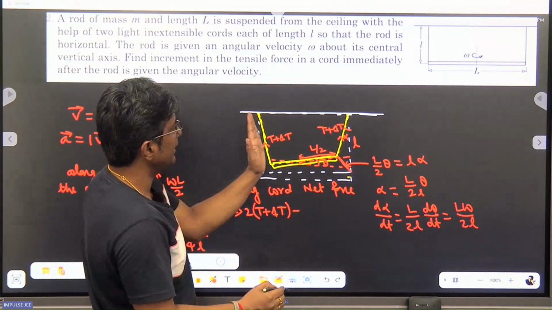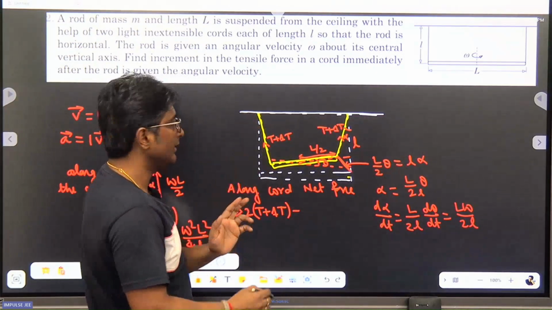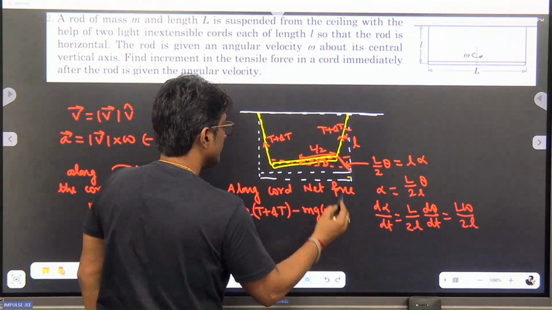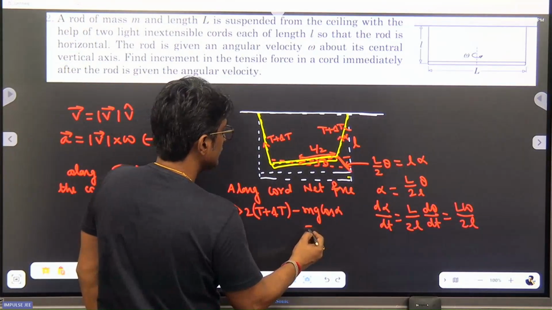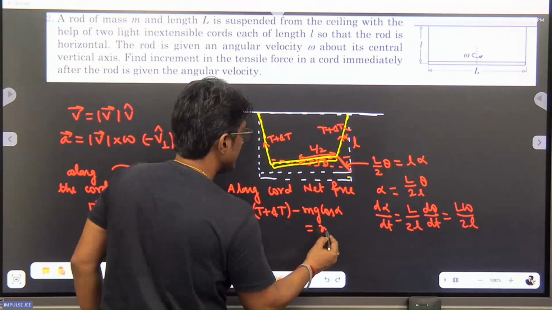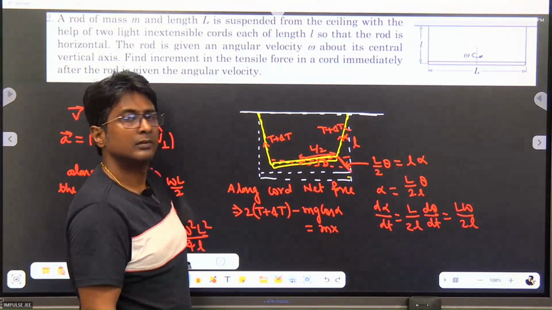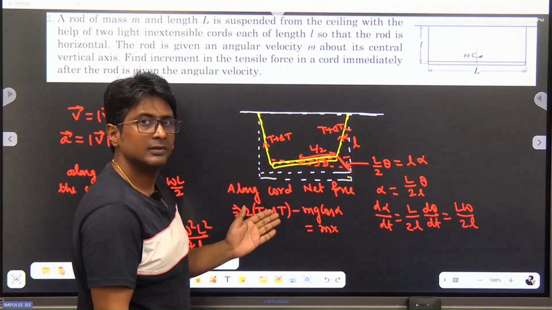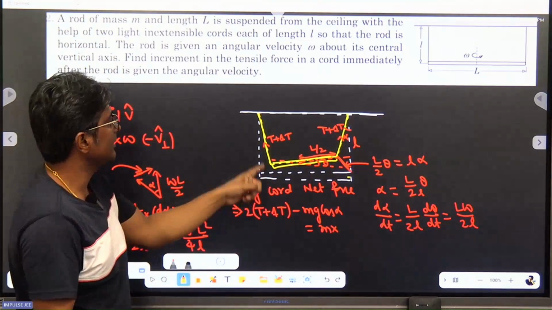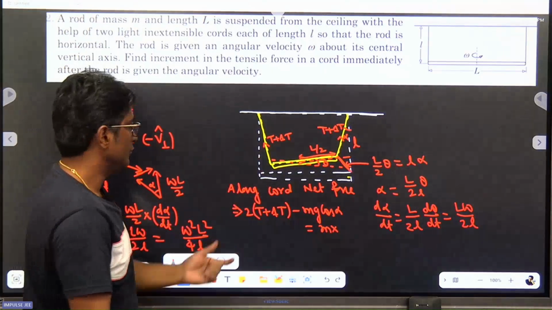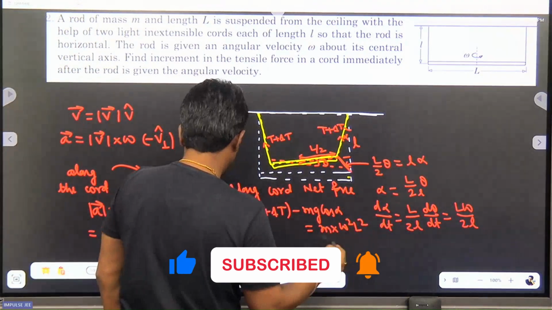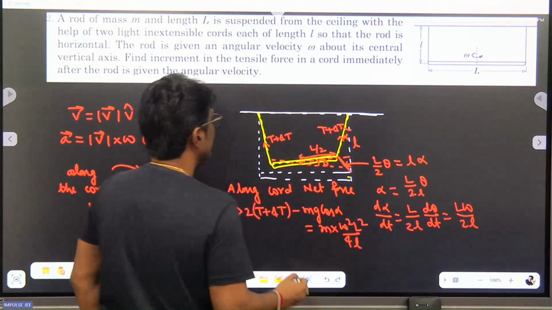Since it is tilted by angle alpha from the vertical, the component of mg will be mg cos alpha, is equal to mass times acceleration. That acceleration is due to this changing orientation of the velocity vector, and that is coming along this string only. So this can be written as mass times omega square L by 4.